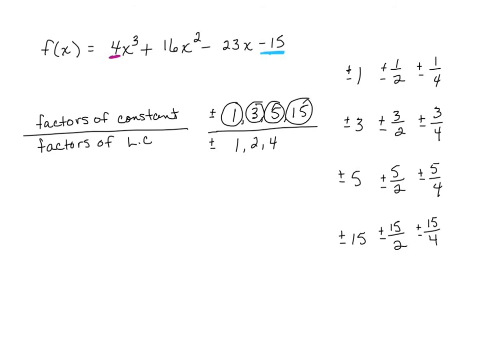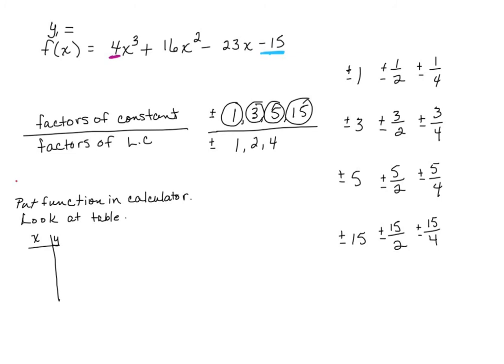So what I suggest you do is to take this function that you have here and put it in your calculator under the y equals function, and then look at your table. Okay, so when I put my function in the calculator and look at the table, I am looking for a y value of 0.